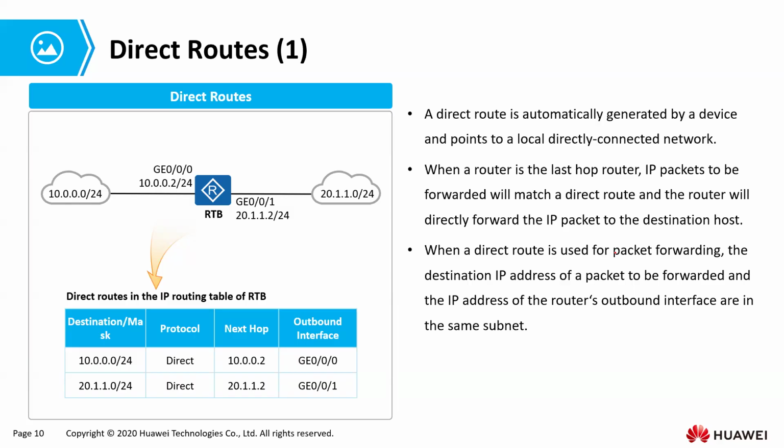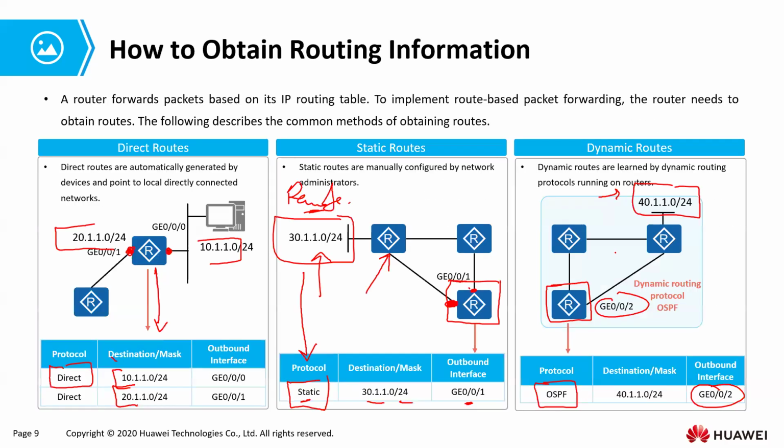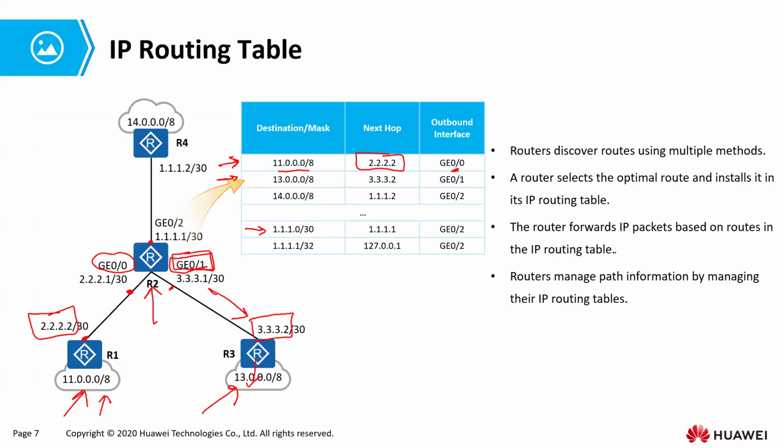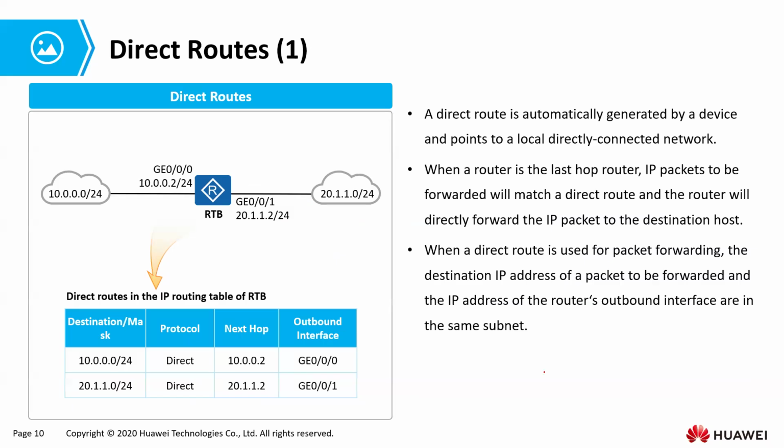So I think basically you realize my direct routes are sort of the last hop. If you are sending information to any destination network, then the direct route is the last hop. Example, if I'm sending information, no, let me draw my routes. Right, so let's say I have my routers.